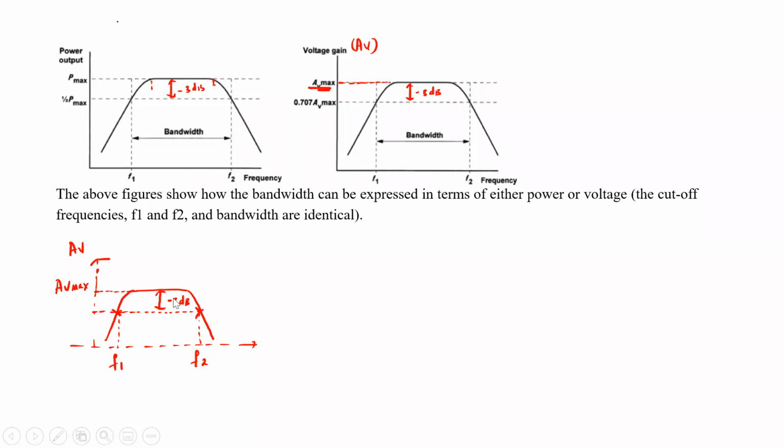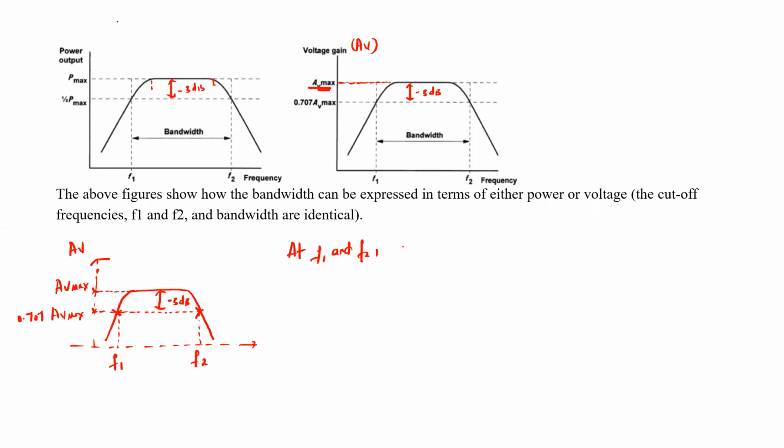And when you come down by 3 dB, if this is the maximum of the voltage gain, this point would be 0.707 times the AV max. At F1 and F2, what would the gain be?